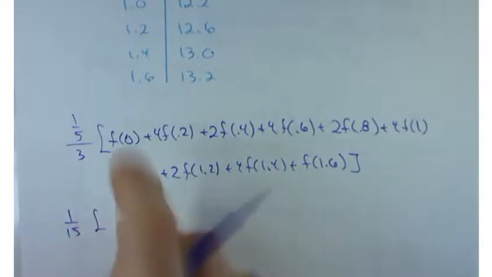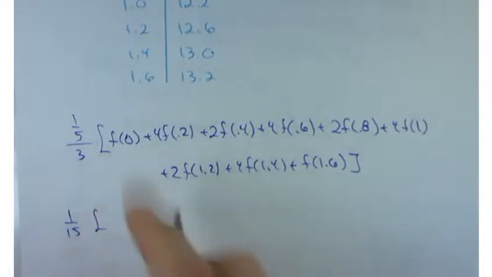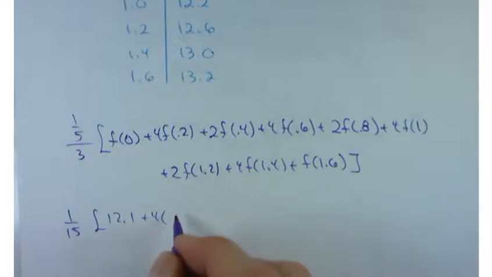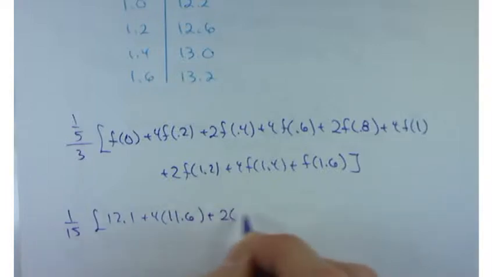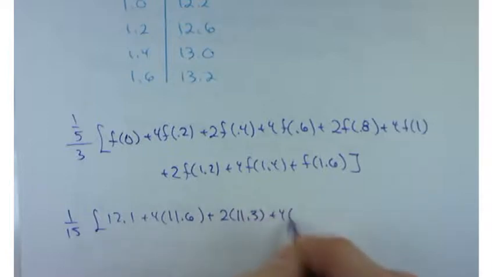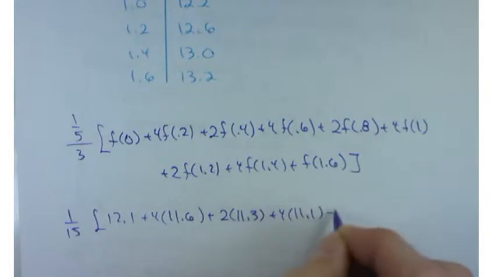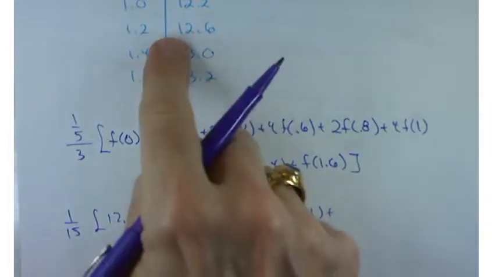Out in front, that's going to be 1/15. f of 0 is 12.1 plus 4 times 11.6 plus 2 times 11.3 plus 4 times 11.1. And I'm just getting these values from the table.